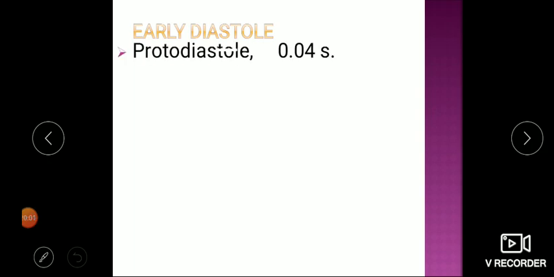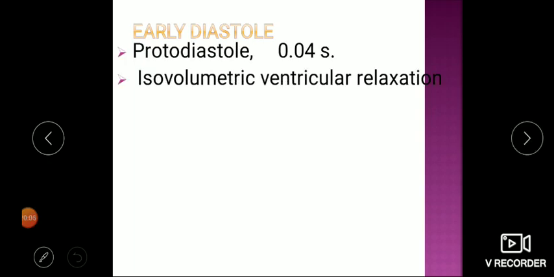So in the diastolic phase, the first phase is protodiastole, that is 0.04 seconds, in which the ventricle is relaxing but semilunar valves are open, AV valve is closed. In the isovolumetric relaxation phase, both valves are closed, AV valve is yet to open.